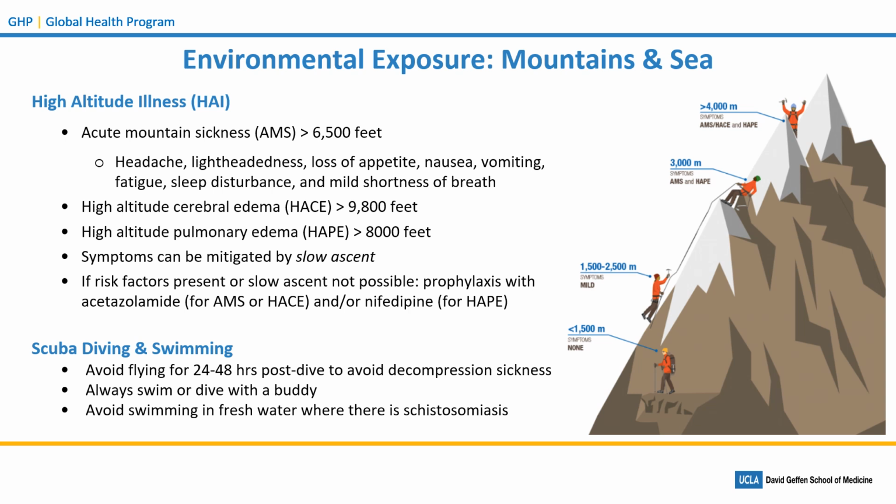as well as high altitude cerebral edema, which can happen over 9,800 feet, and high altitude pulmonary edema, which can occur over 8,000 feet. The best way to mitigate the symptoms of high altitude illness is to participate in a slow ascent.